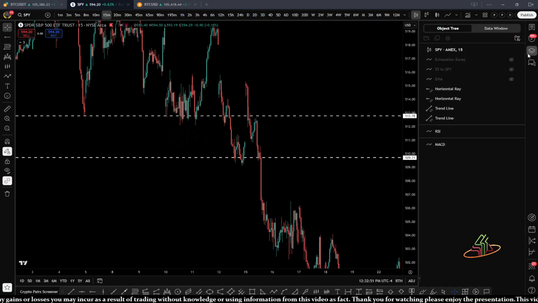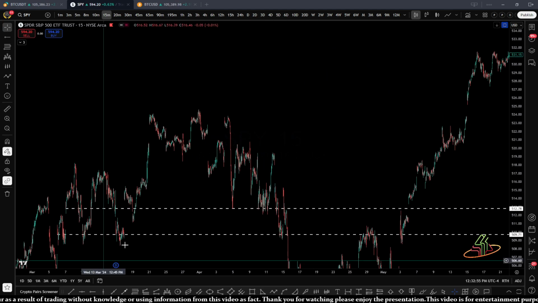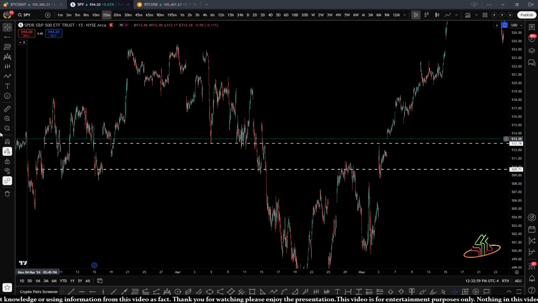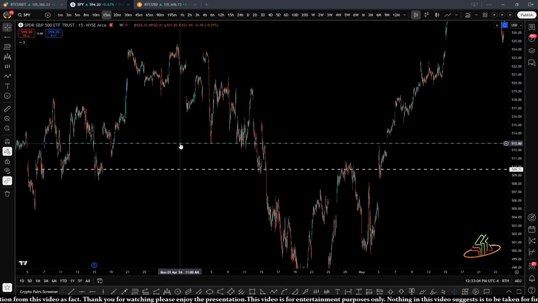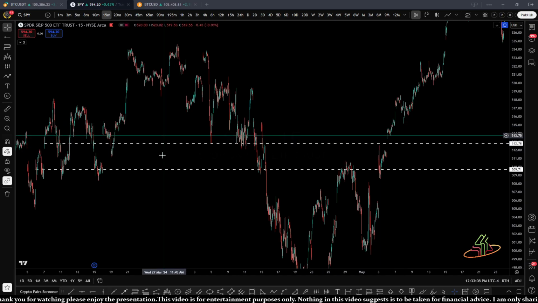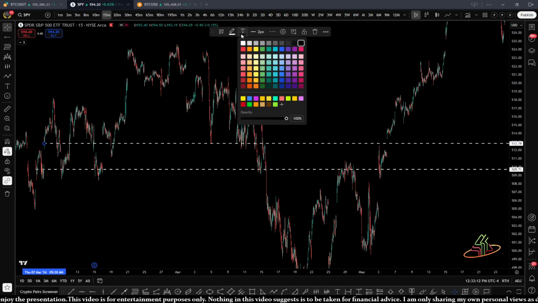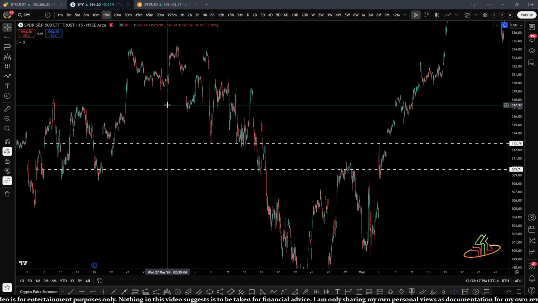So we could use these open range supports throughout the market once we find one, right? And you might want to just label these to say what date they came from or anything like that. You can label it by double clicking on it, and then going to the text page.